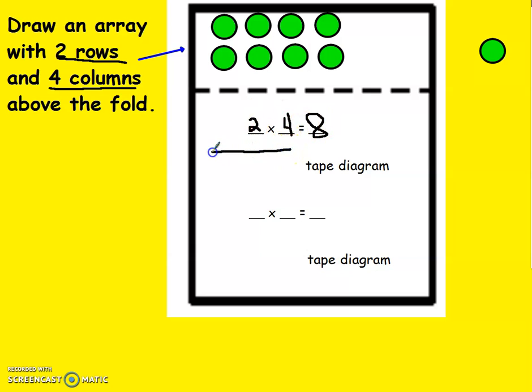Yeah. So let's go ahead and draw our tape diagram. So how many groups are there going to be in this tape diagram? We're going to have 2 groups. And how many are going to be inside of each group? 4. So this is 1 group of 4.